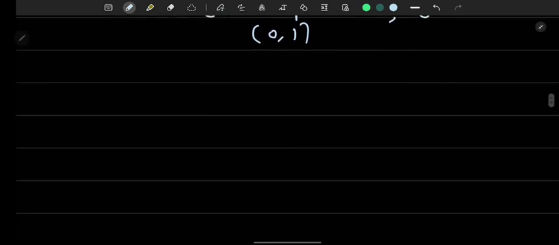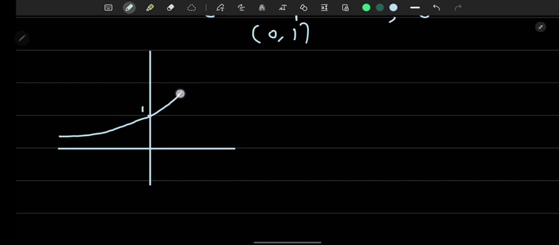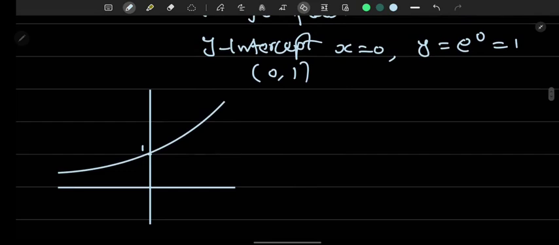So let's consider the graph for that. Let's say this point is 1, and that would be (0, 1). So this is the graph for exponential x.